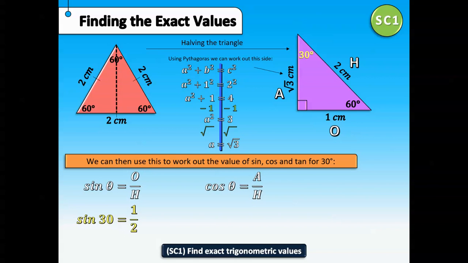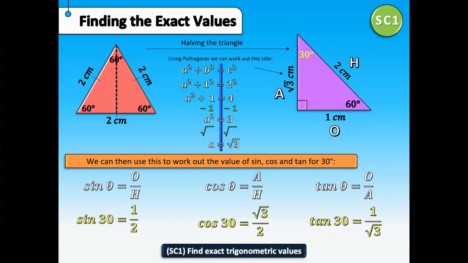Cos 30 is the adjacent over the hypotenuse. So cos 30 is root 3 over 2. And tan 30 is the opposite over the adjacent. So tan 30 is 1 over root 3, which can also be written as root 3 over 3.